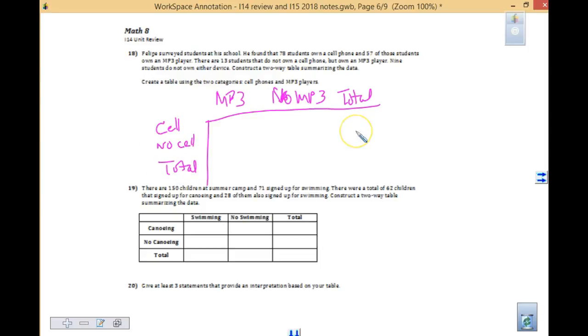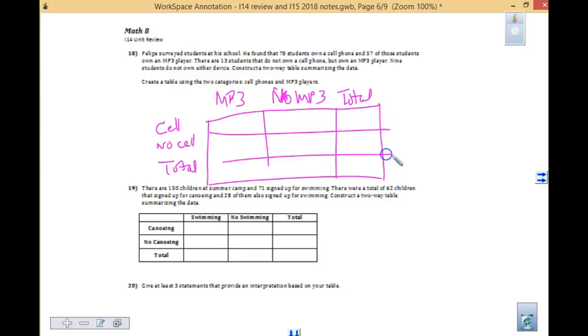And as we read the problem, we want to fill in as much information as we can. So the first thing they tell us is that they surveyed people at our school. So, starting us off, Andrew, first statement. What can we put in? Where are we putting the 78?